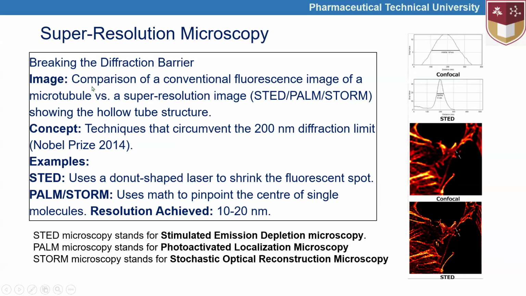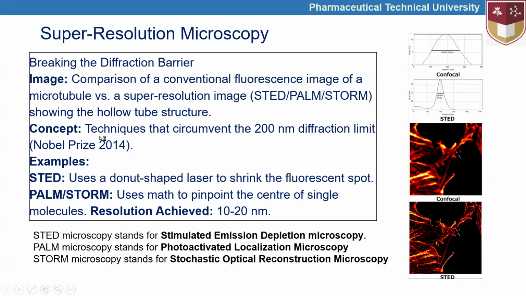And they develop images to compare a conventional fluorescence image of a microtubule versus a super resolution image, and show the hollow tube structure as shown here. And the concept is techniques that circumvent the 200 nanometer diffraction limit.